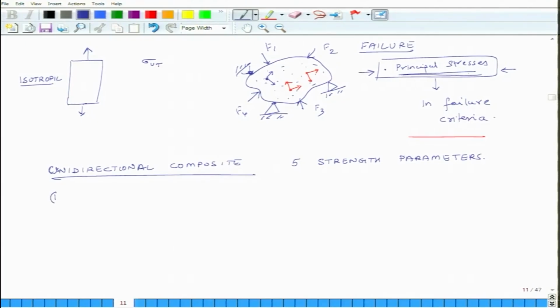The first strength parameter is called longitudinal tensile strength.